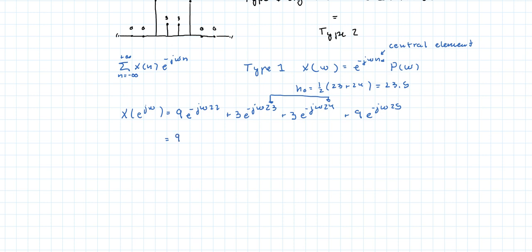You'll get 9 times e to the minus j w 23.5 times e to the jw 1.5 plus e to the minus jw 1.5, plus 3 e to the minus jw 23.5 times e to the jw 0.5 plus e to the minus jw 0.5.